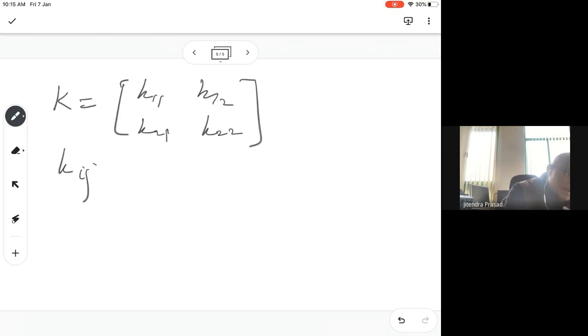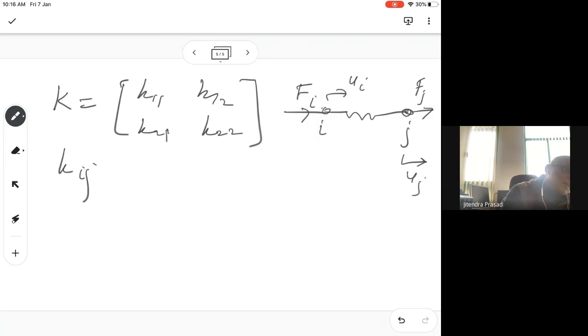Now, Kij, let us say this is the ith node and this is the jth node. It will have two forces applied, Fi and Fj, and there will be a displacement Ui and a displacement Uj. We can maybe write a small letter f, which will probably be better.